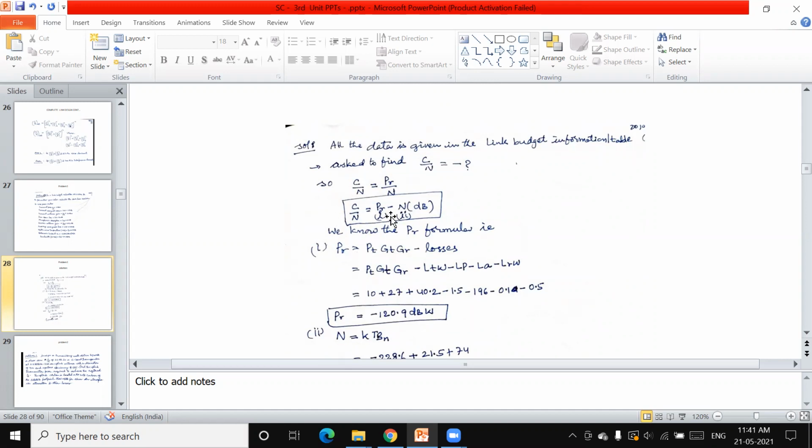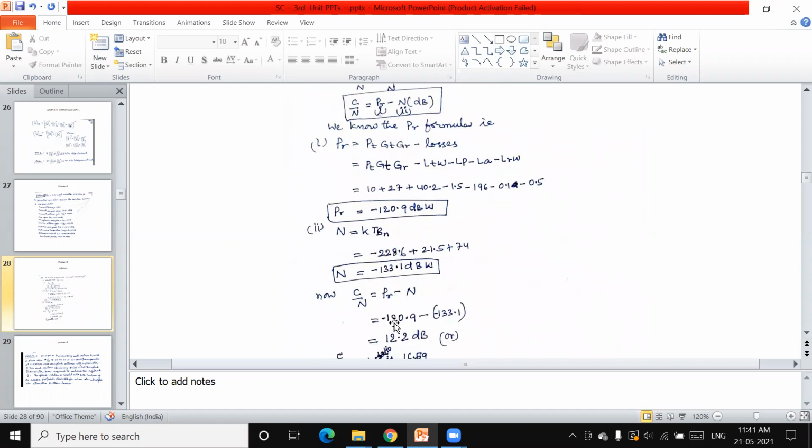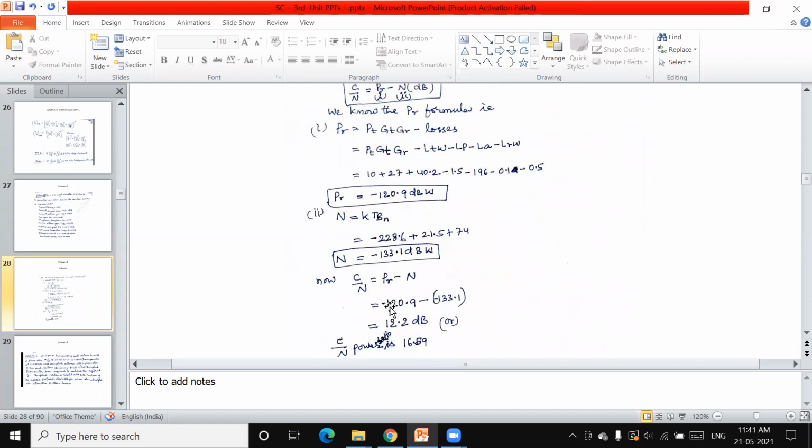This is the PR you got, number 1. And now coming to number 2, it is nothing but the KTBN. What is the noise power you are going to obtain at the receiving antenna of the earth station? It is KTBN. K is already given as minus 228.6, plus temperature 21.5 dB value has been given, plus bandwidth 25 megahertz in dB, already been given as 74 in that link budget table.